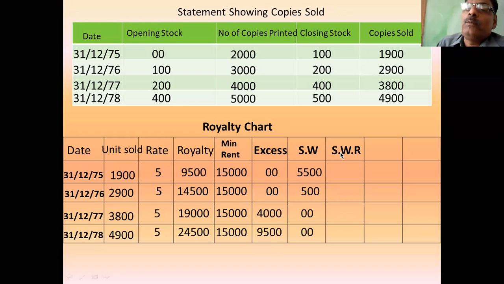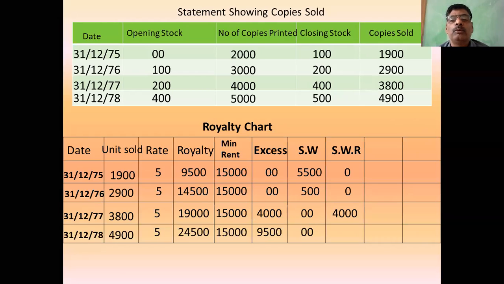And recovery period is first 3 years. You are permitted to recover short working in the first 3 years. First year not possible, second year not possible because there is no excess. And third year, it is possible to recover 4,000. There is an excess.